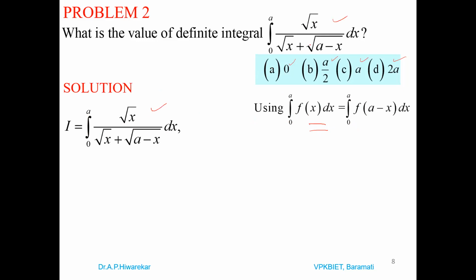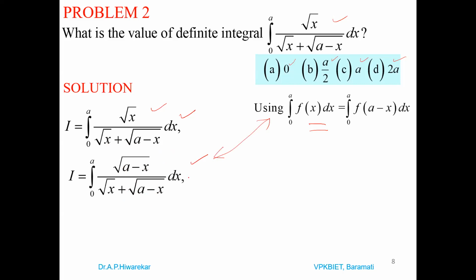So in this integral, you replace x by a minus x. So it is square root of a minus x divided by square root of a minus x plus, and a minus of a minus x means a minus a plus x. That's why we are getting the value of I using this formula as this. I hope you are getting it.